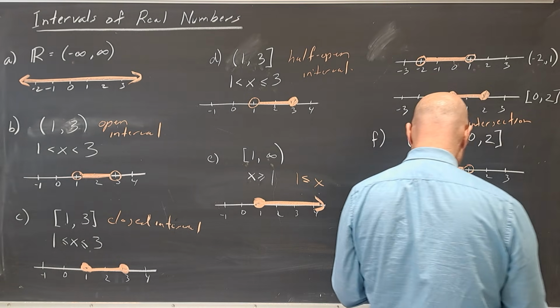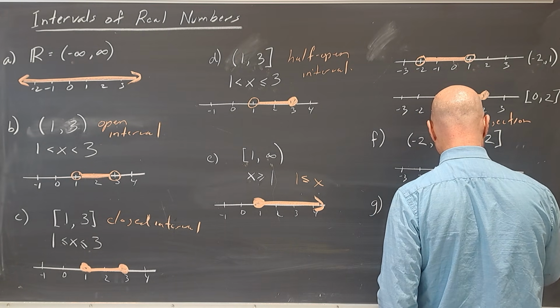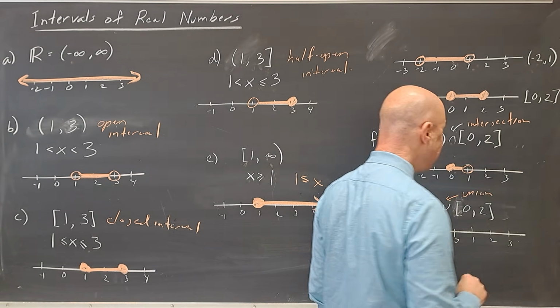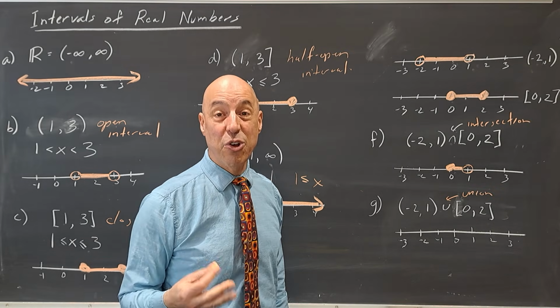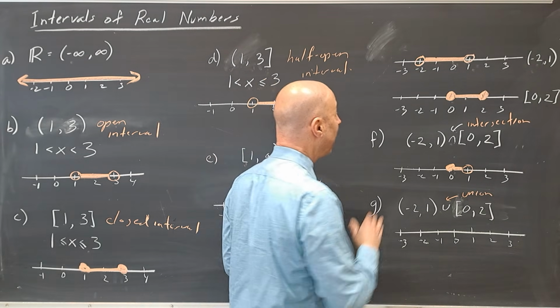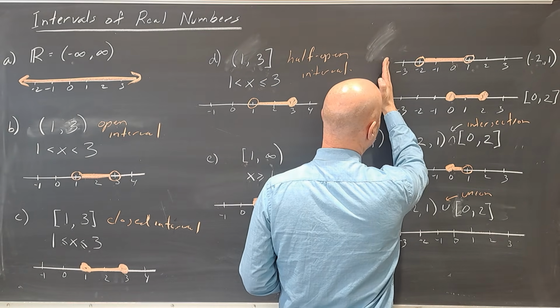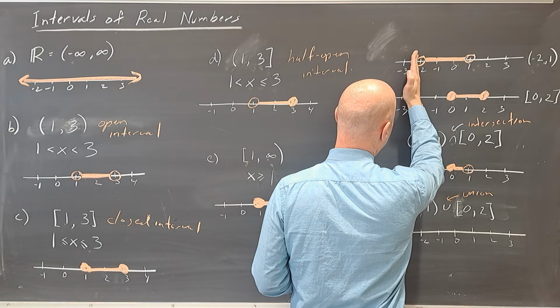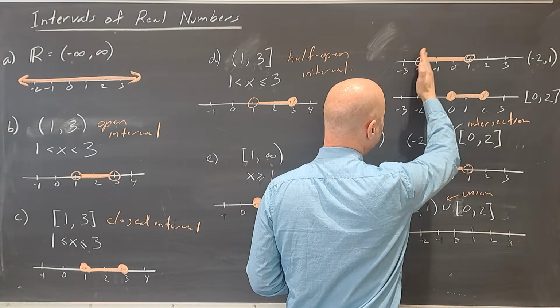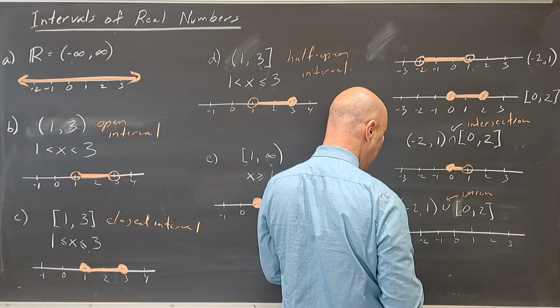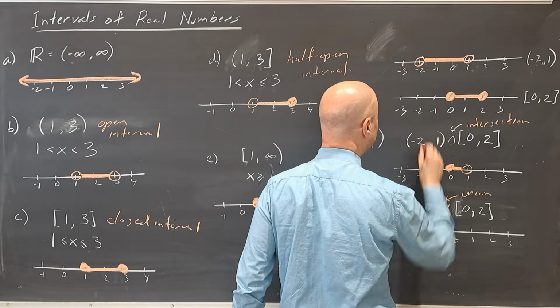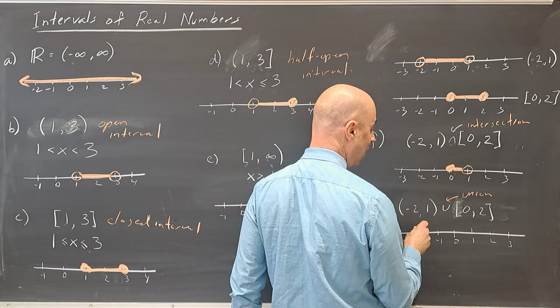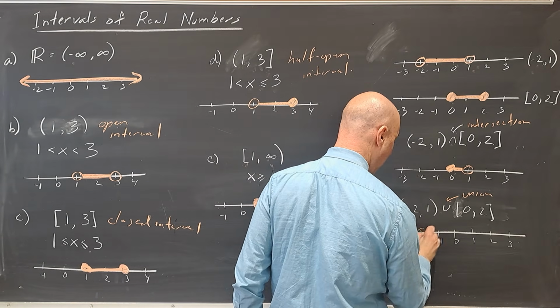This symbol right here, we refer to as union. That's stuff that's in one or the other or both. So again, scanning from left to right, it's not in the first, not in the second, not in the first, not in the second. Once we pass -2, we're in the first one. So we start including stuff past -2. We don't include the -2, so we'll put an open circle there.